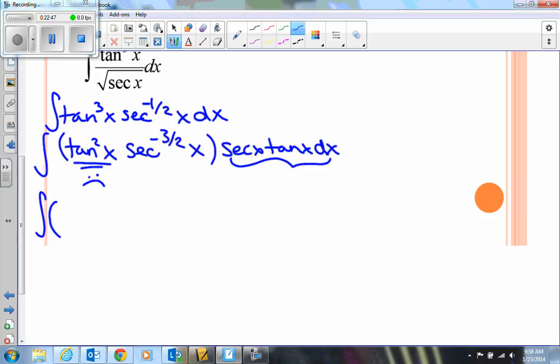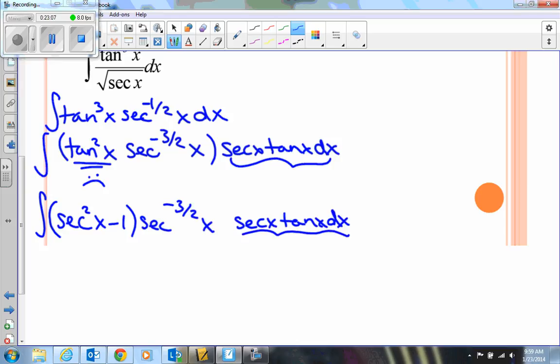Yeah, that's that one. So I always make a little note that I'm keeping that out so I don't get confused. That's just how I like to keep myself organized.